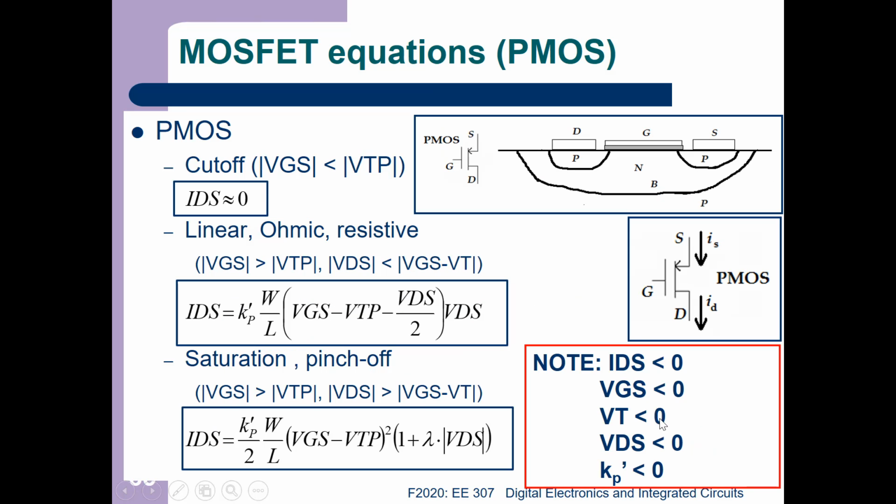When you go to PMOS, K prime is negative. I'm going to check that. But for PMOS, you can use the exact same equations, but you just have to go back afterwards and make sure that your VGS and VDS are negative. So you can use the exact same equations, but then do a second check and see if VGS and VDS are negative.